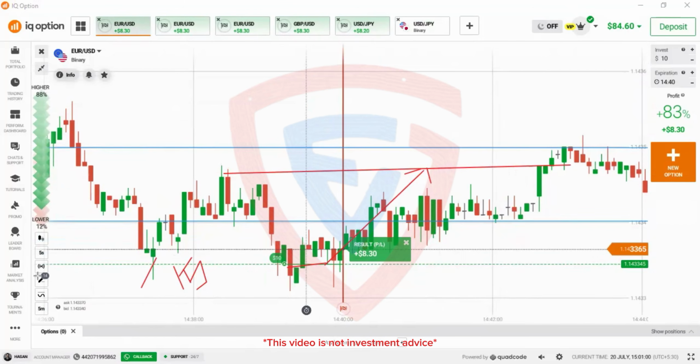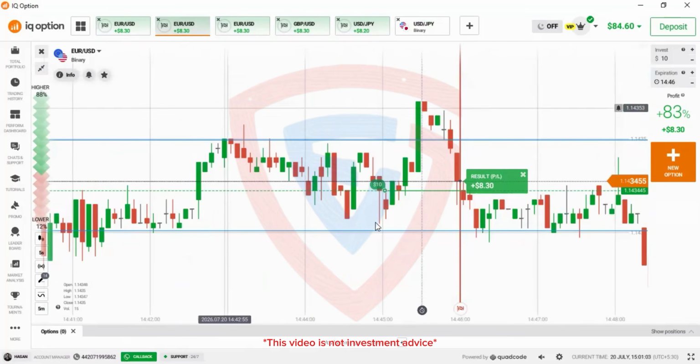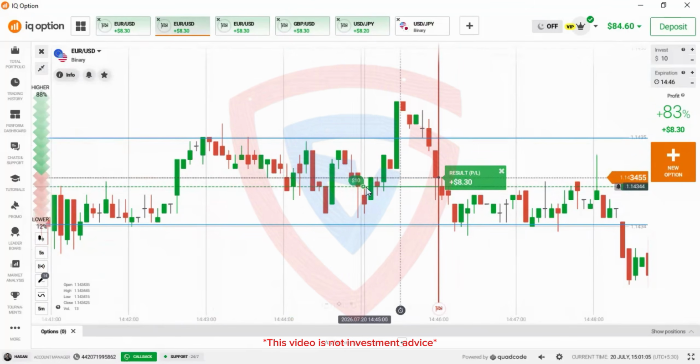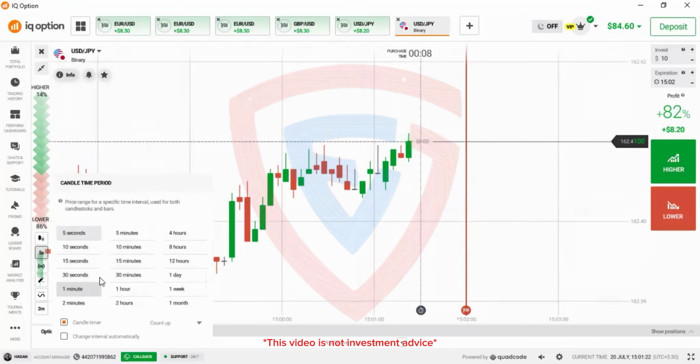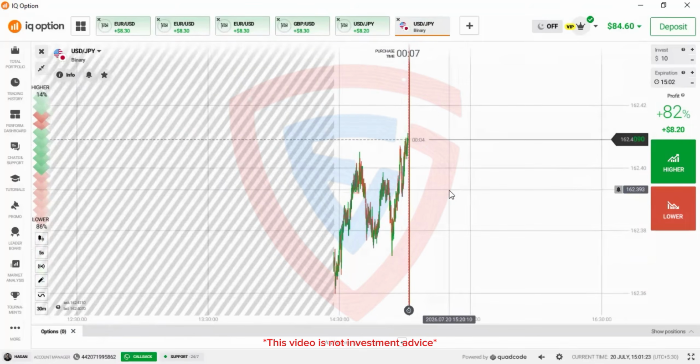So not only here, at any point, okay, here as well, if you enter here and target this point, from this point to this point, this is a huge profit in Forex. So if you practice this strategy properly, you can trade in Forex also. It will help you to trade in Forex also.